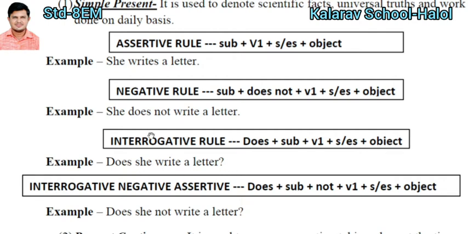The same sentence, if you are transforming it into interrogative form, she writes a letter: does comes first, the negative word not will be removed. Does she write a letter? The question mark shows the indication of an interrogative sentence.